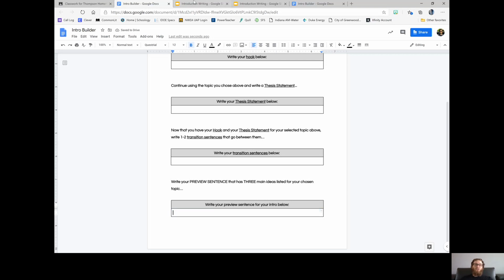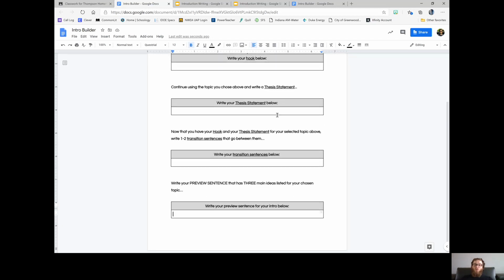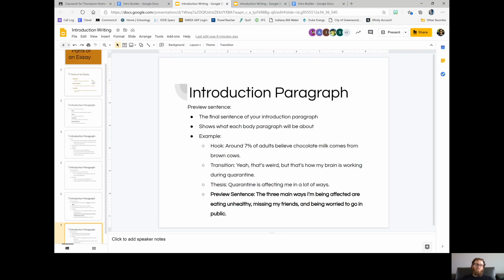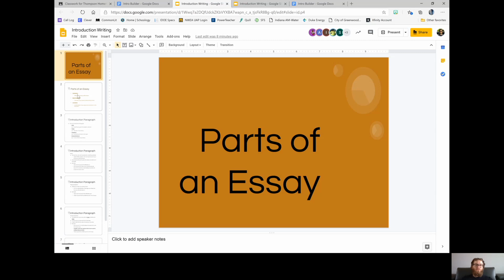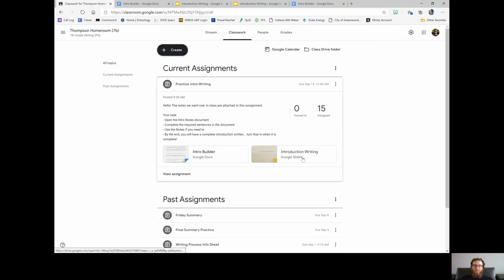So then you're essentially going through in the exact same order when you write your actual sentences for your actual introduction paragraph for your actual topic, you're going through the same order as this presentation. And if you get confused and you want to remember what these are, you can access it by clicking here.